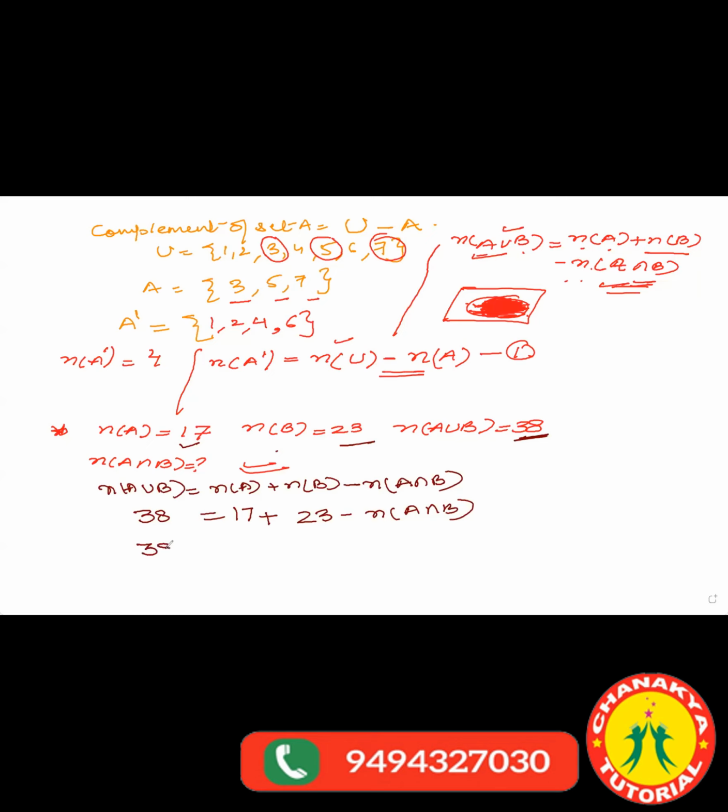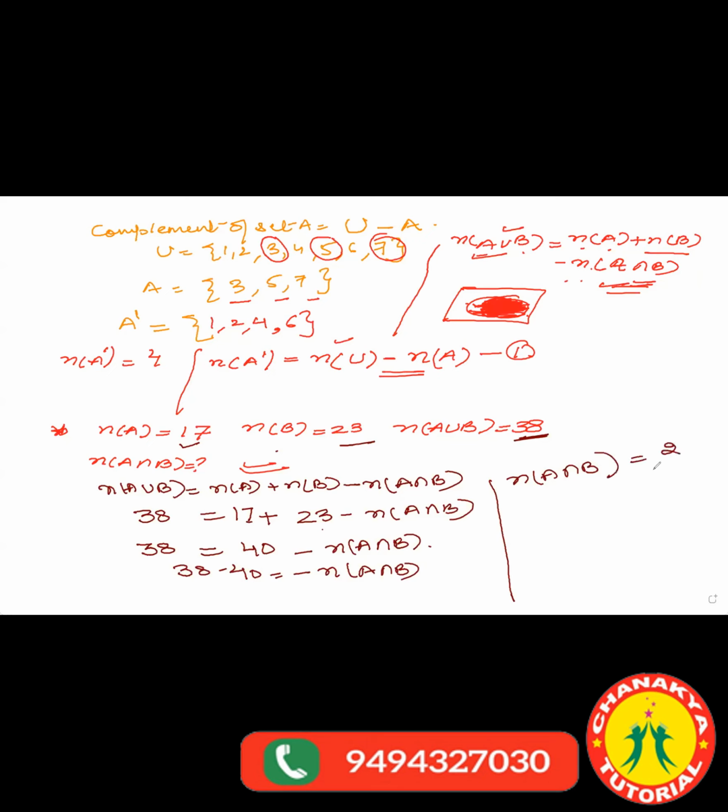Now solve: 38 is equal to 17 plus 23, which is 40, minus n(A intersection B). 38 minus 40 is equal to minus n(A intersection B). So the number of elements in A intersection B will be 2 only.